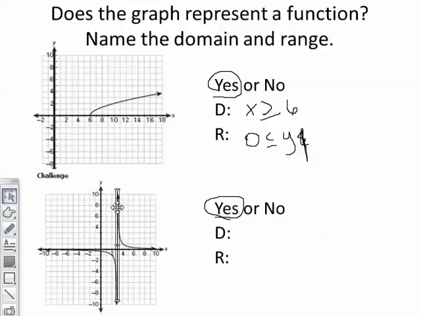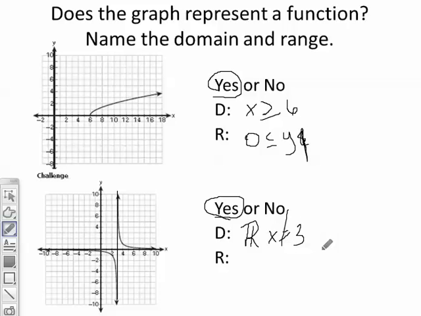That means they're never going to touch that line. They're going to get close to it, but never get there altogether. Okay? That's what asymptotic means. It means that they don't ever touch that number. Don't ever get there. So my domain is going to be all real numbers except x equal to 3.